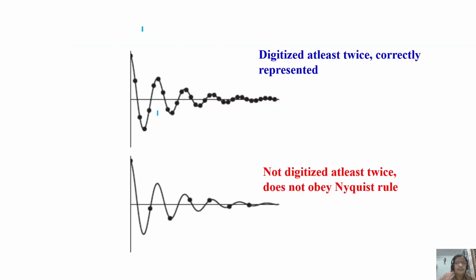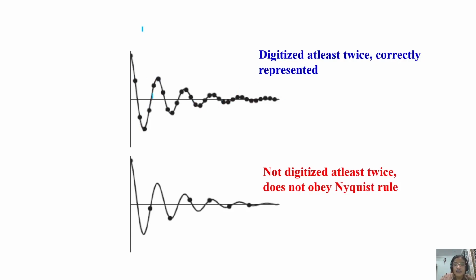For example, look at the spectrum. This is a free induction decay. It is digitized. Of course, I am showing you only a single frequency oscillation here. The damped oscillation is only for a single frequency. If there were more frequencies, you would have got an interferogram. For representation purposes, I have taken only one frequency. Now, is it represented correctly here? Look at it. Number of data points, 1, 2, 3, 4, 5, 6.